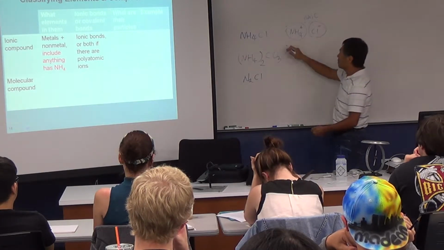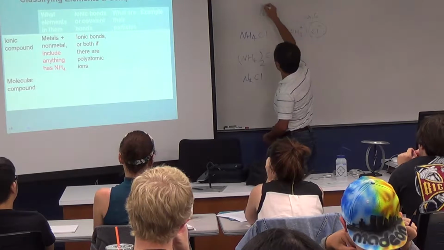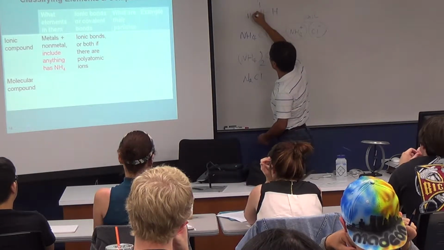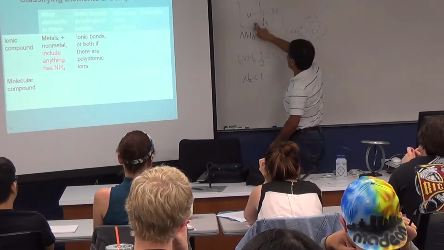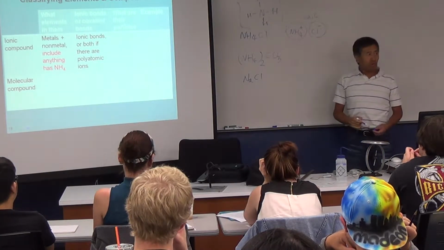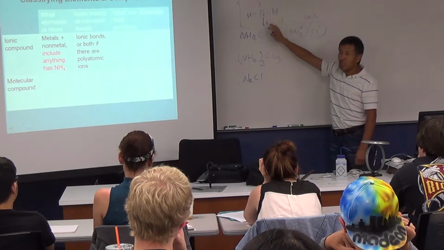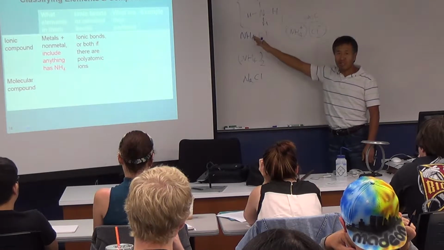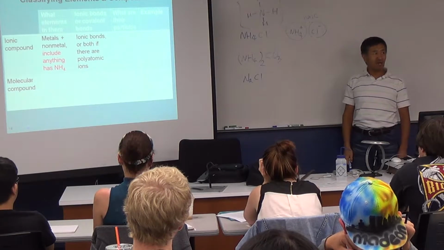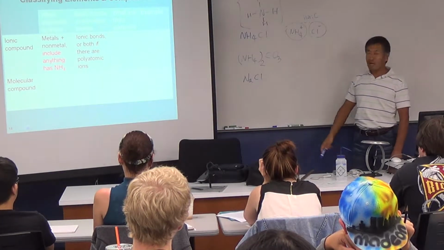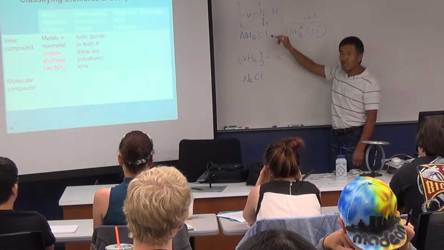You can study that in more detail in chapter 9, chapter 10. And for this one, you will see the bond between these 5 atoms is like this. You have a nitrogen atom in the middle, and then you have 4 H. All the 4 H are single bonded to the N, and you have this structure for that NH4. Okay? So now the bond between N and H, each pair of N and H, is covalent.